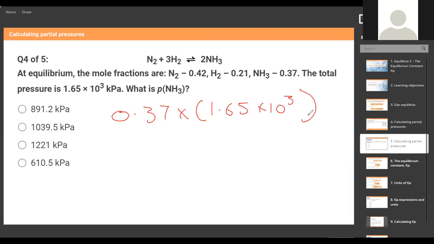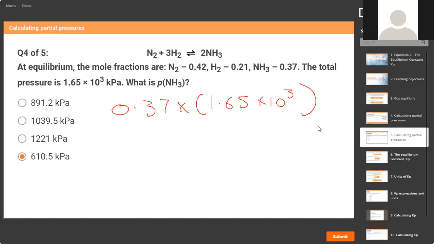I'm just going to do that on my calculator now really quickly, because I can't do that sort of maths in my head. Oops, it would help if I pressed every button on my calculator. 0.37 times 1.65 times 10 to the power of 3. 610.5 kilopascals. There we go.